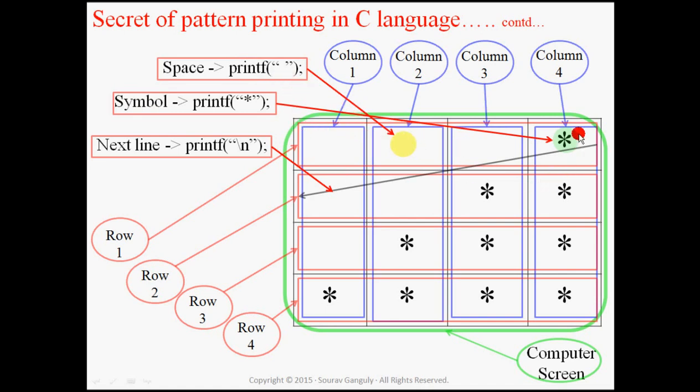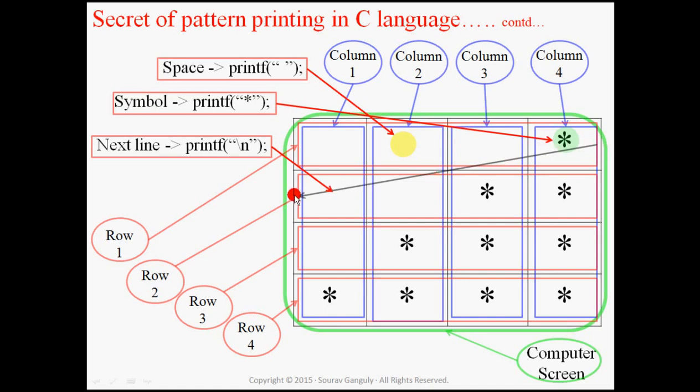When we print this type of pattern, we must remember another thing: we print it row by row. The first row will contain 3 spaces and 1 symbol.